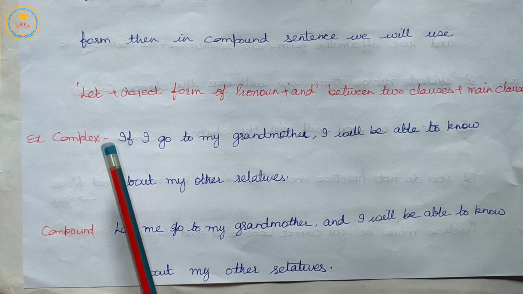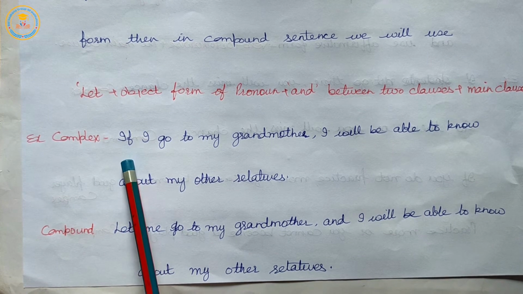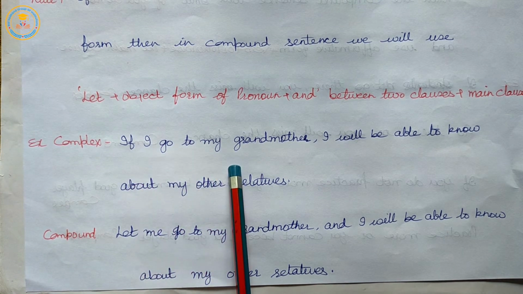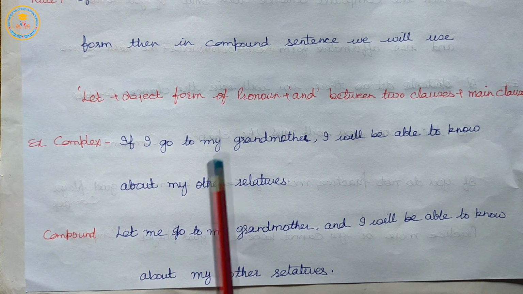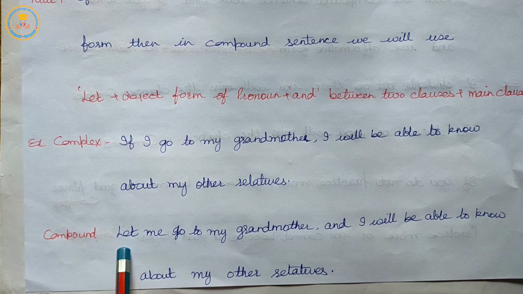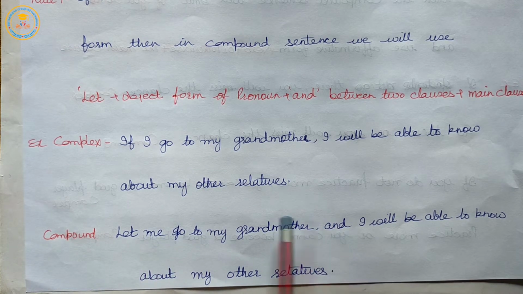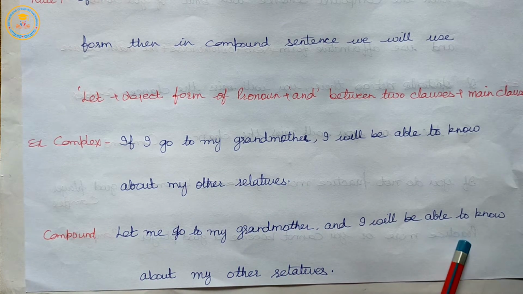If the complex sentence starts with if with affirmative form, then the compound sentence will be let plus object form of the pronoun, and between two clauses, and main clause.